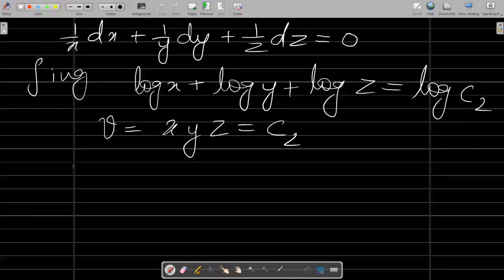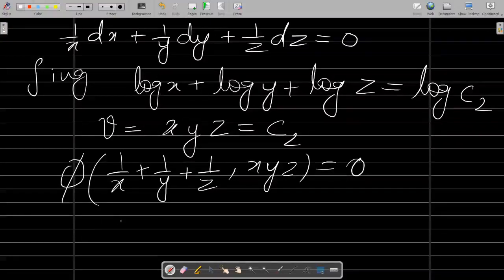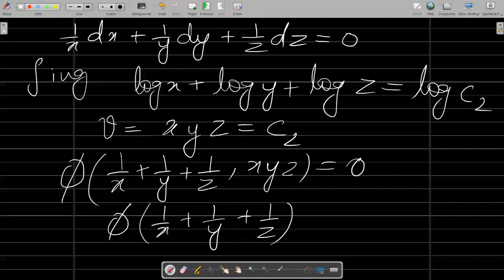So your final solution is phi of 1 by x plus 1 by y plus 1 by z comma xyz equal to 0. You can write the solutions like this also. Say for example, phi of 1 by x plus 1 by y plus 1 by z is equal to xyz, or say xyz is equal to phi of this thing.